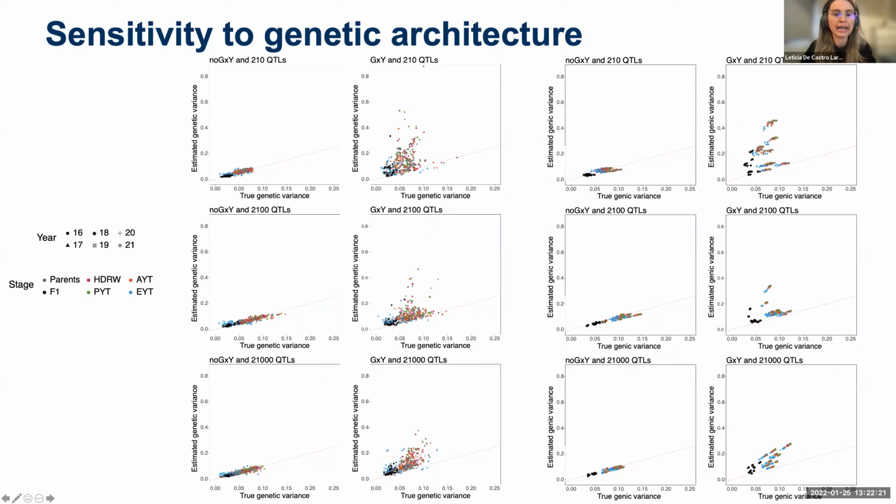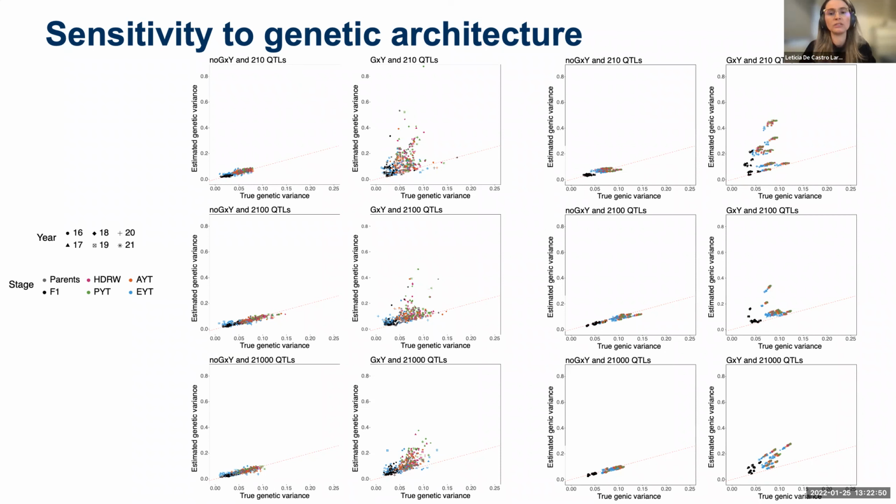So here we have simulated an additive trait with either 10, 100, or 1000 QTL per chromosome, which gives us 210, 2100, and 21,000 QTL per genome. In addition, we also added variation in QTL effects across years to account for genotype by year interaction.